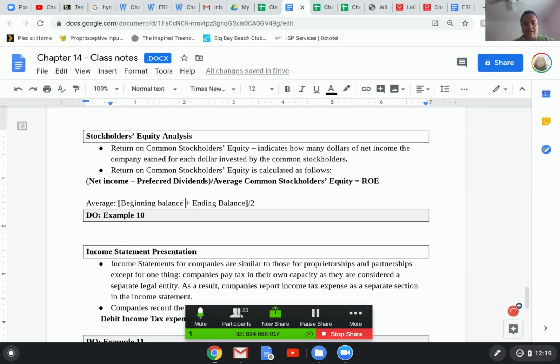So beginning balance could be something like the balance on January the 1st, right? Just to make this really obvious. And the ending balance would be then on December 31st, divided by 2. So you're taking the average of that, and the numerator, the top number, is net income minus your preferred dividend. Question on this theory before I show you an example.